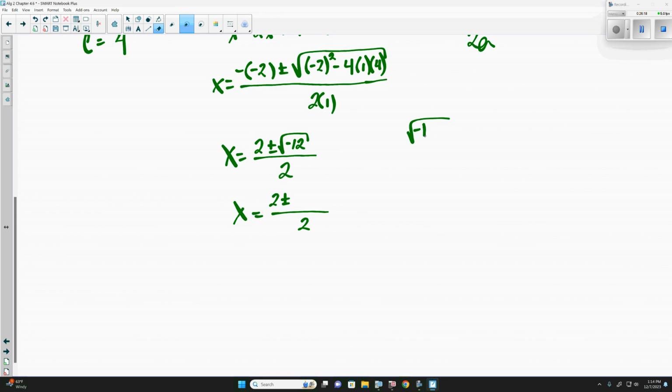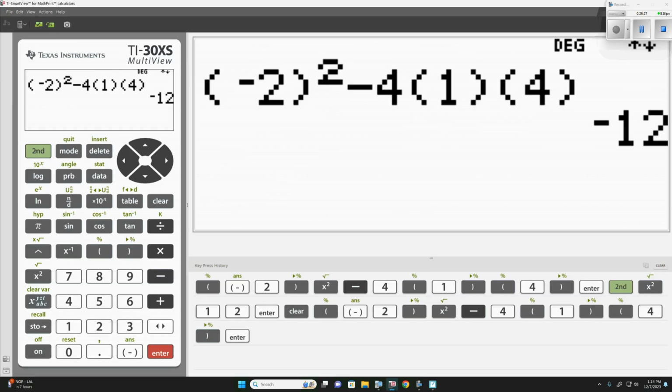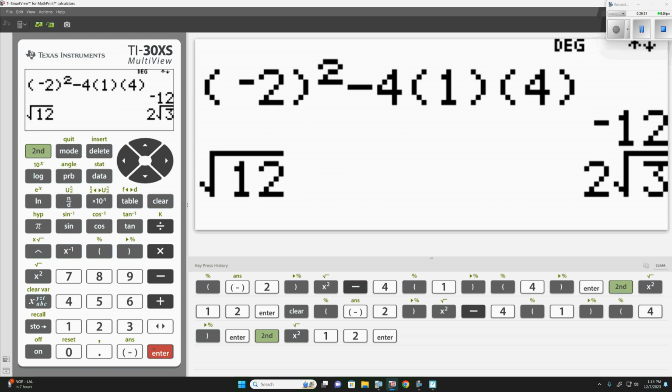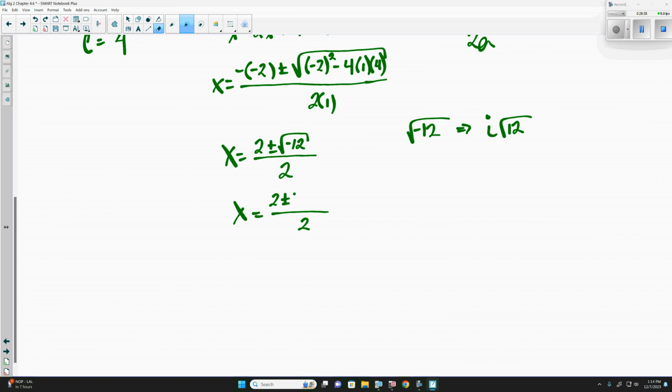However, our square root of negative 12, well, the negative will come out as i, leaving us with the square root of 12. The calculator will take the square root of 12, which is 2 square root of 3. So square root of negative 12 would be 2i square root of 3.